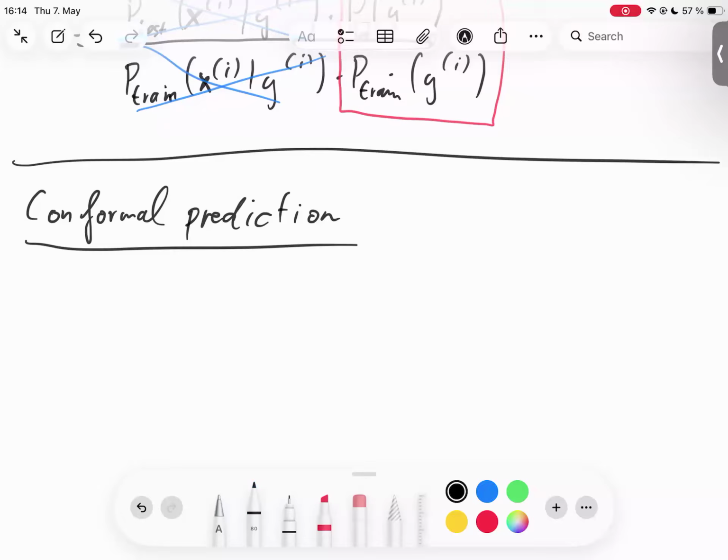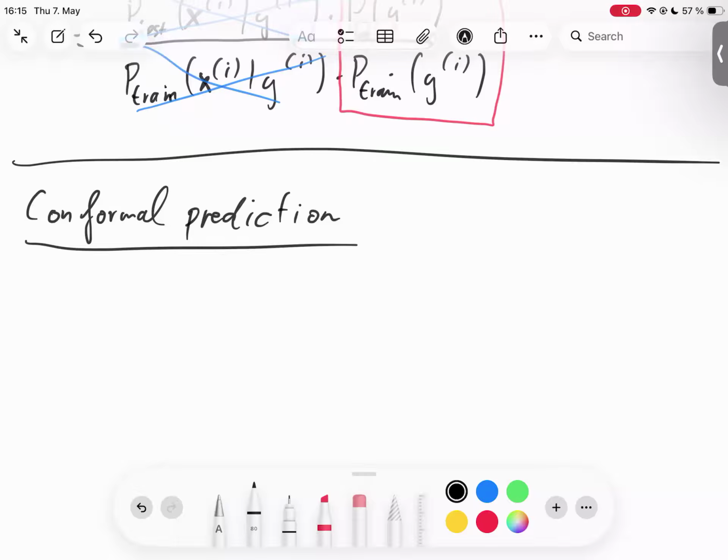So what is conformal prediction? Conformal prediction is actually a relatively easy approach methodologically, but it only became popular in recent years, and the research largely goes back to the last 20 or 30 years, and it's a method that has now become more popular.